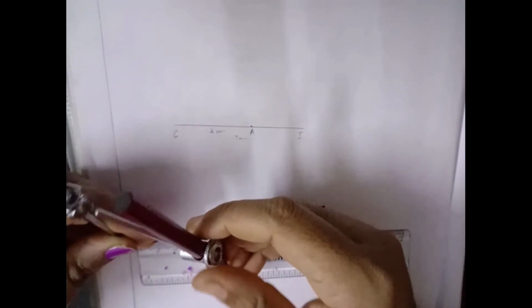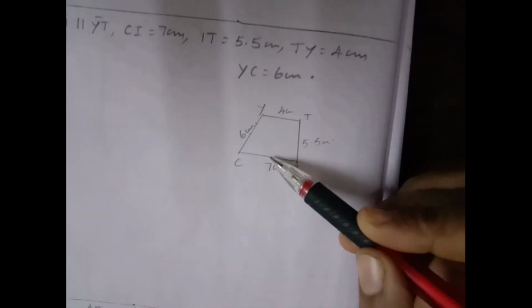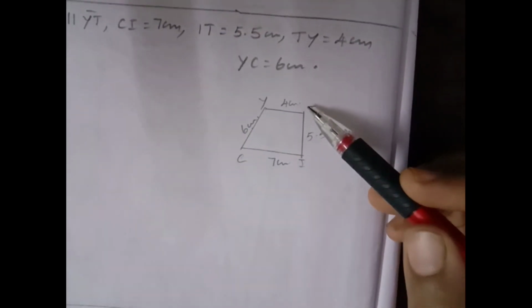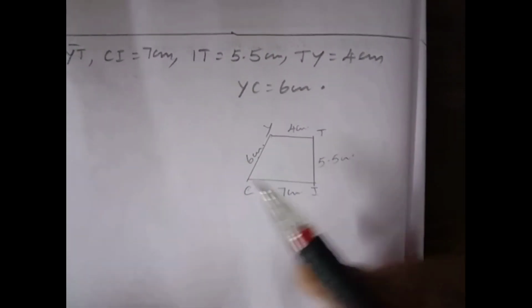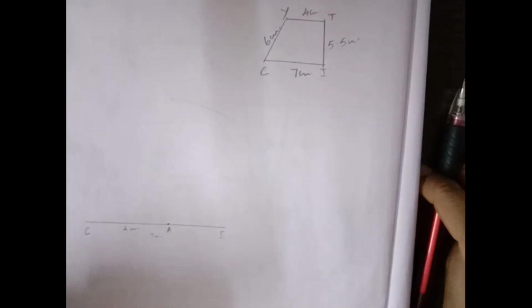Then take 6 centimeter at A center, cut an arc at T. Then I and T equal to 5.5 centimeter.